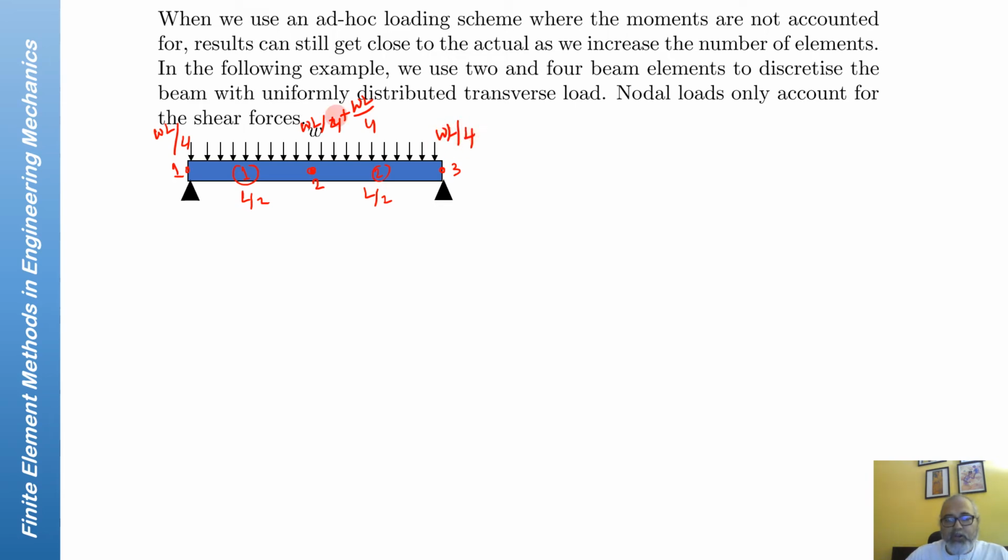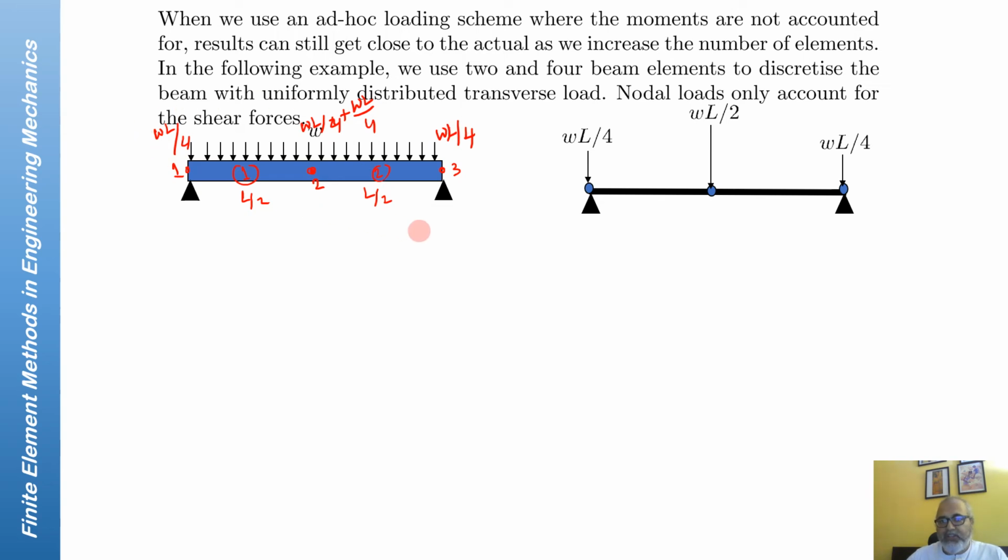So in the global force vector, I will have WL by 4, WL by 2, and WL by 4 as my nodal loads for a system which has been discretized into two elements with ad hoc apportioning of the distributed load. So this is what I have actually modeled to represent this distributed loading system.